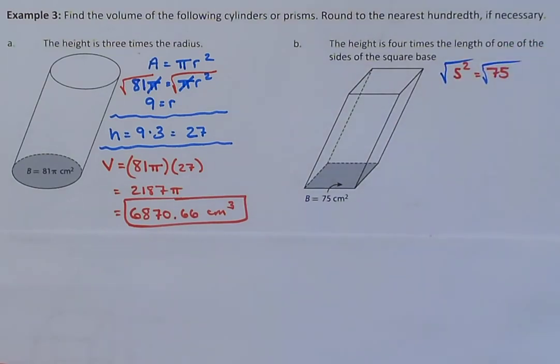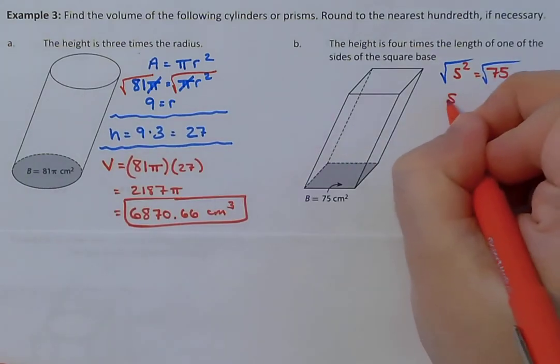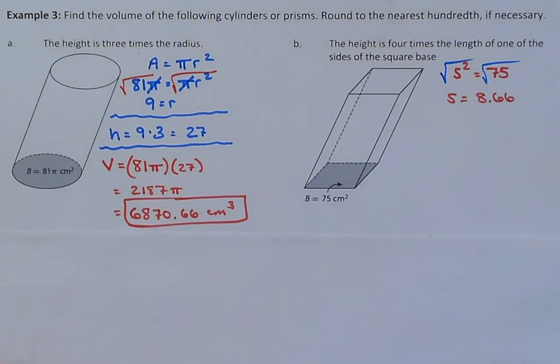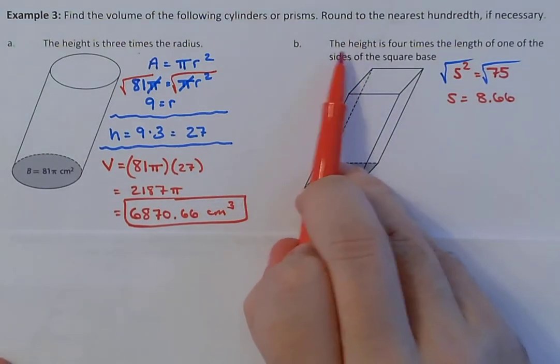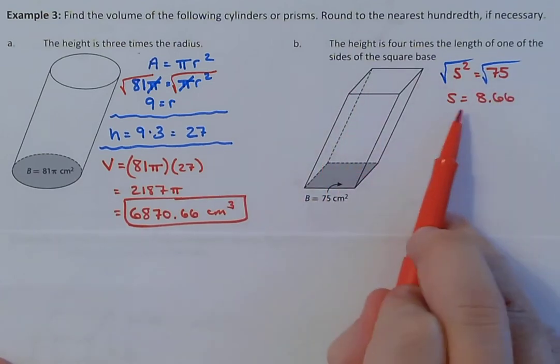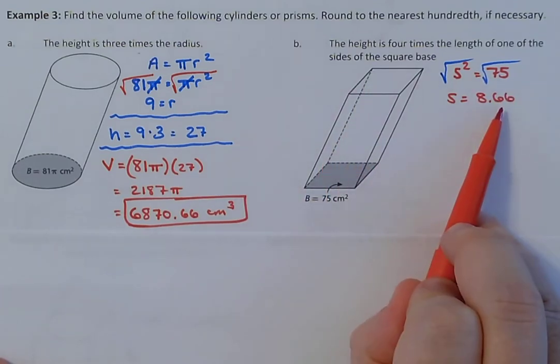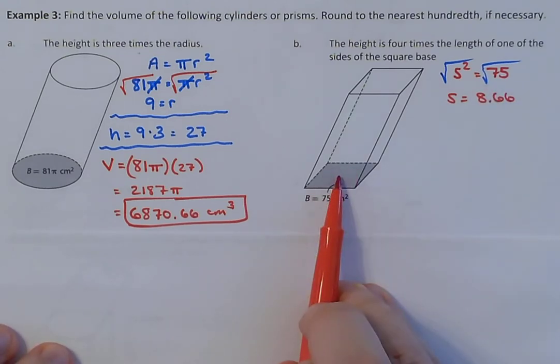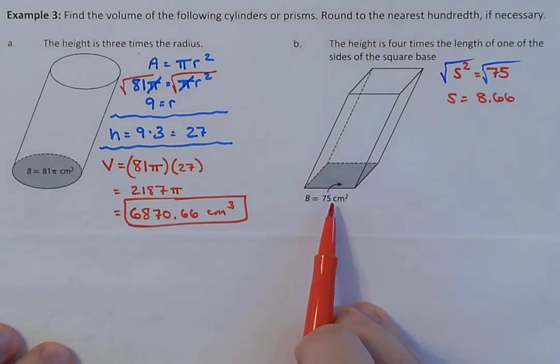So that tells us that s equals 8.66, one of the side lengths. Now they state that the height is 4 times the length of one of the sides. So we figured out one of the sides of the square from the fact that the area of the square is 75 centimeters squared.